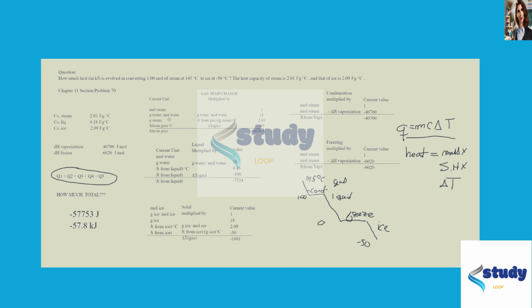Then we use the specific heat of steam, 2.01 joules per gram per degree Celsius, and multiply by the change in temperature. We're going from 145 to 100, so delta T is 100 minus 145. This should always be negative if you're going down in temperature.